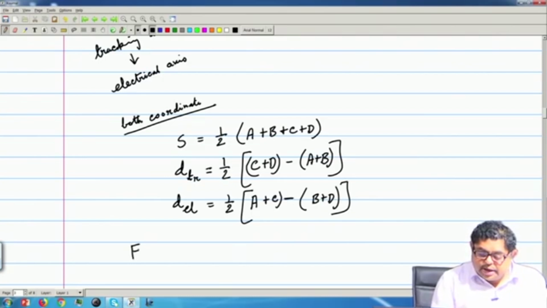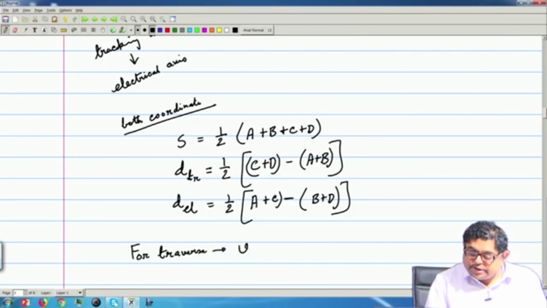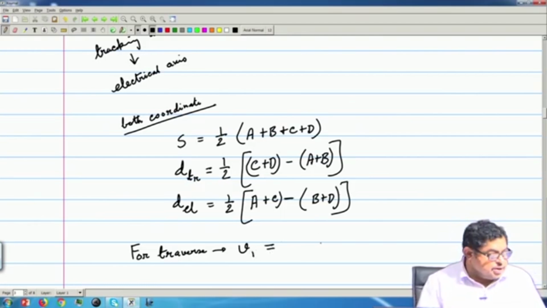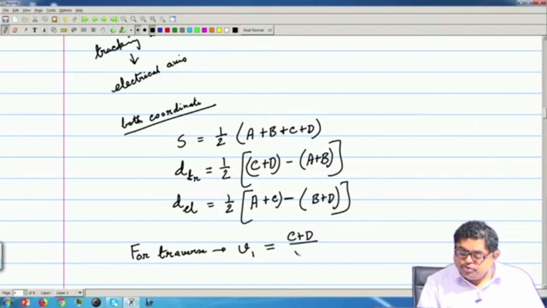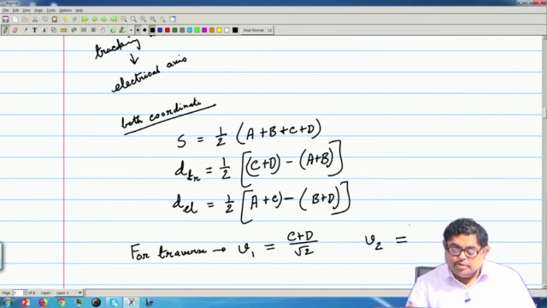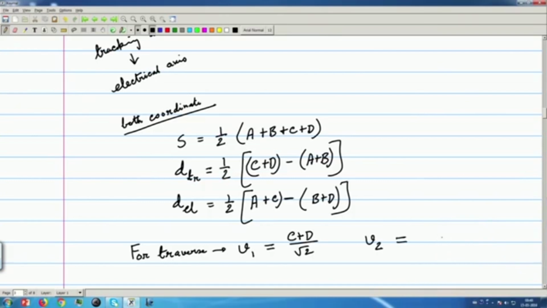So, we can write that for traverse, V1 is C plus D by root 2, and V2, to make it compatible with our previous V1, V2, V2 will be A plus B by root 2.